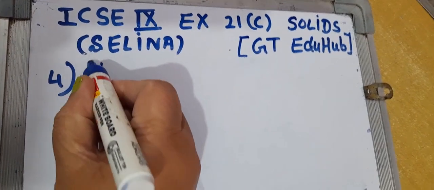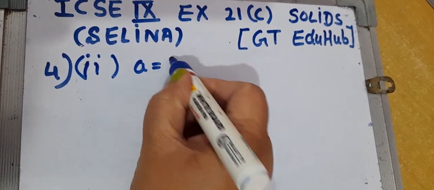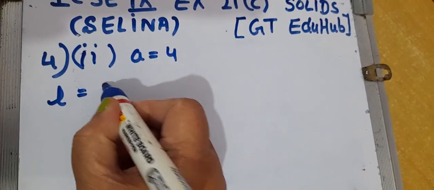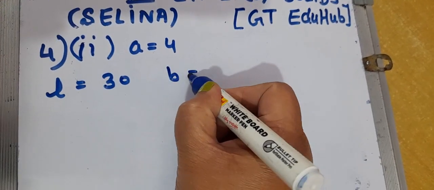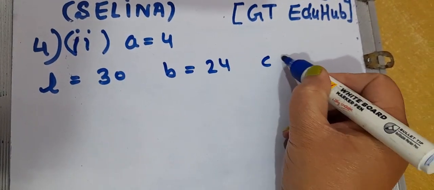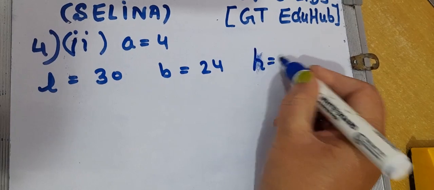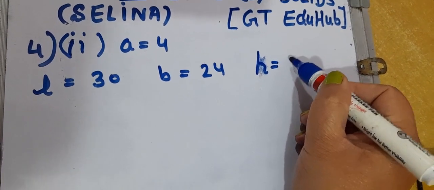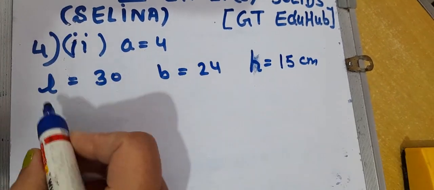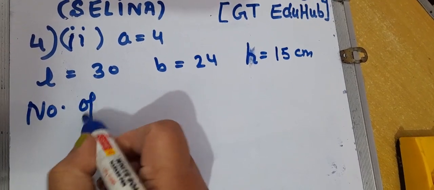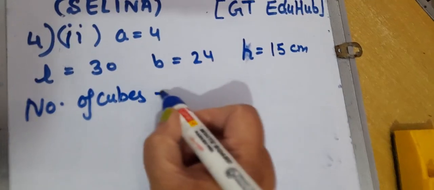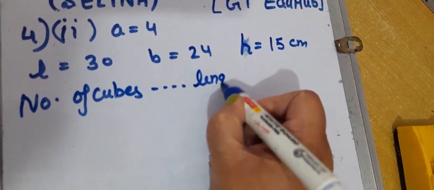Fourth question, second part, we are given A is equal to 4, length, breadth and height are the same. We will use the same method that we have used earlier. So first of all we will find the number of cubes that can be placed lengthwise.